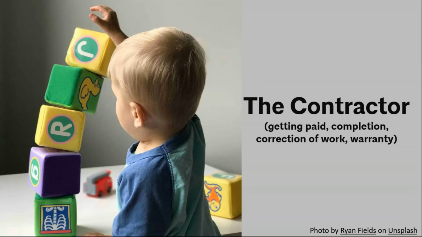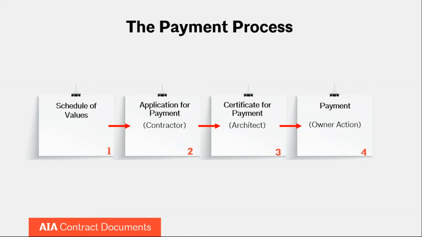So let's now turn and talk about some very specific contractor requirements. I'm going to talk specifically about getting paid, completion, correction of work, and warranty issues. If you are a contractor, getting paid is incredibly important.